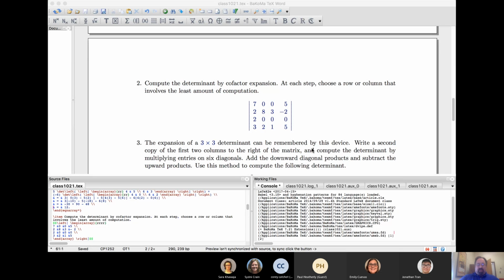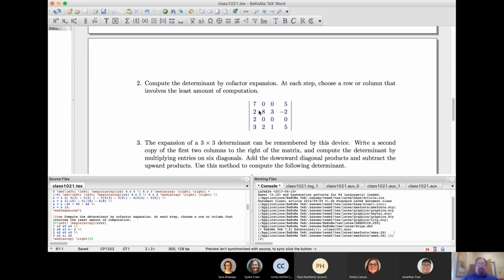I'm pulling up this particular problem. There's some choice in how you proceed, but all you have to enter is the final answer. You can get the determinant any way you like, but the point is to learn how to save yourself some computation.